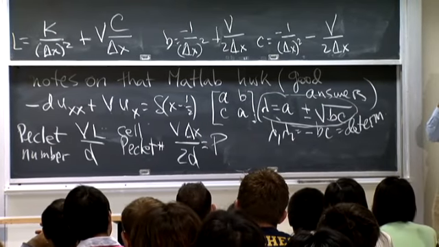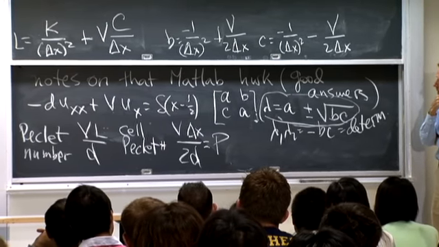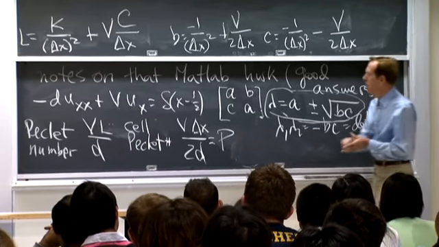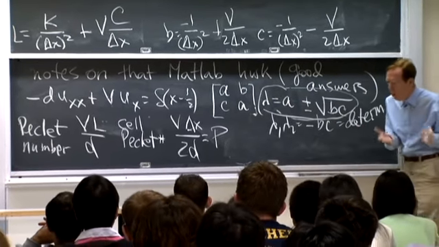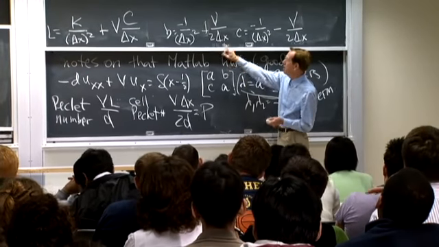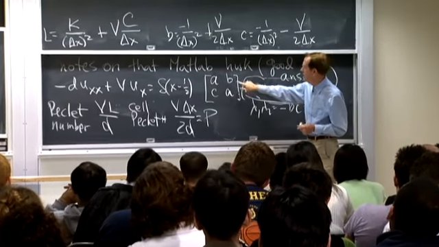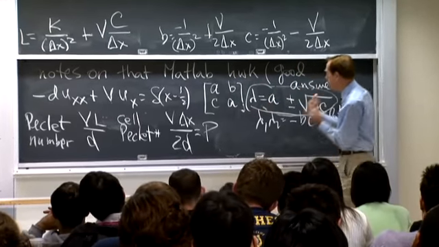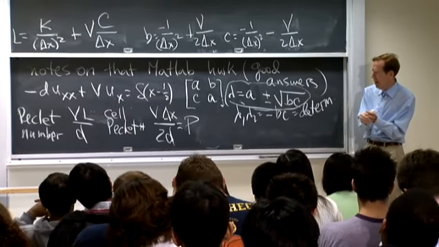What's happening here? I think this looks okay. So I think that the transition that you, I hope, observed comes when B hits 0. When the combination of V and delta x is such that at B equals 0, we switch from real eigenvalues to complex eigenvalues.